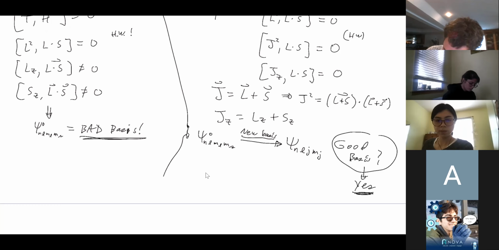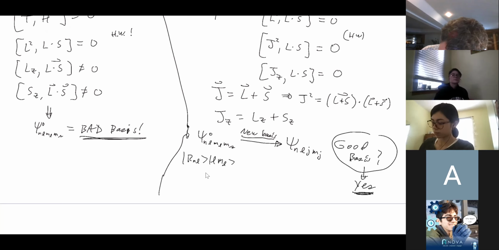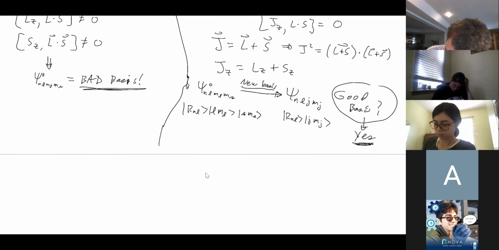What we're doing is we're converting from these states, R, N, L, M sub L, S, M sub S, and we're converting to this basis, R, N, L, S, J, M sub J, where J and M sub J are defined as follows.